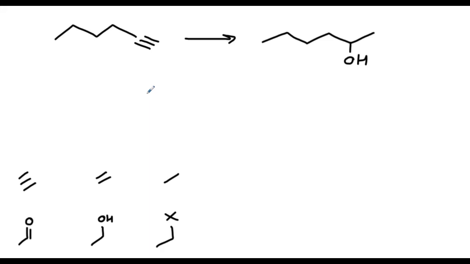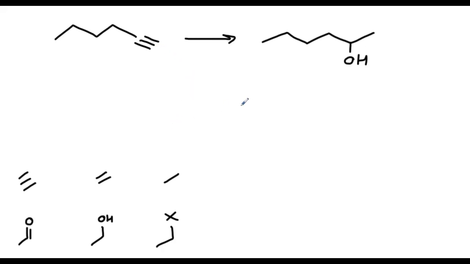First one here, going from an alkyne to a Markovnikov alcohol. Look at the number of carbons: 1, 2, 3, 4, 5, 6, and 1, 2, 3, 4, 5, 6. So there's 6 carbons each time, so there's no need to worry about either a Grignard or an acetylide ion to form new carbon-carbon bonds.